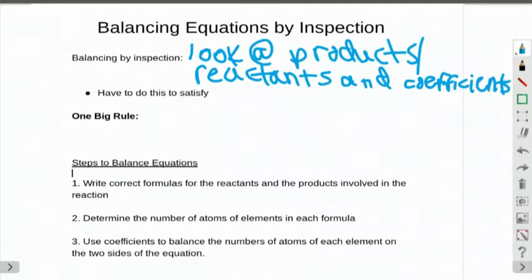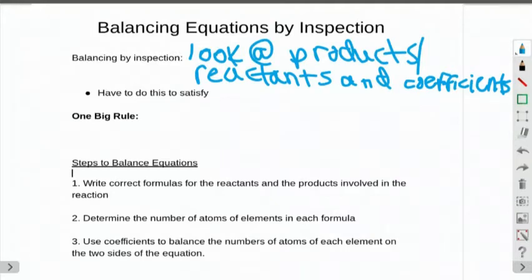So when things are bad in a car, they will fix the parts or add something to the parts to make sure that they are a whole. So we are going to look at the reactants in the products and see that they are balanced.